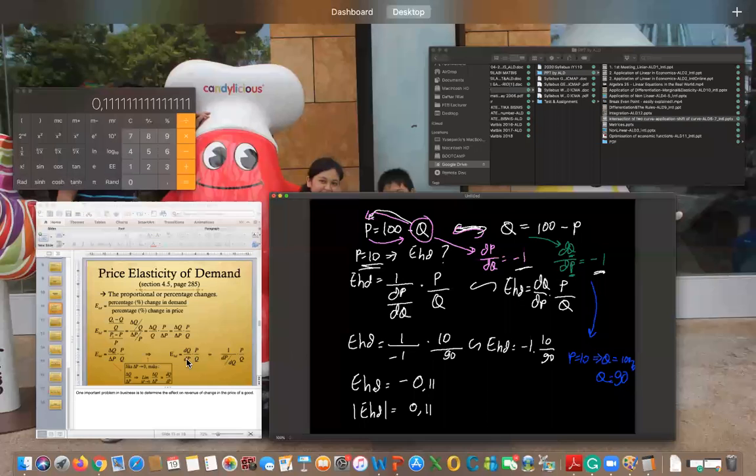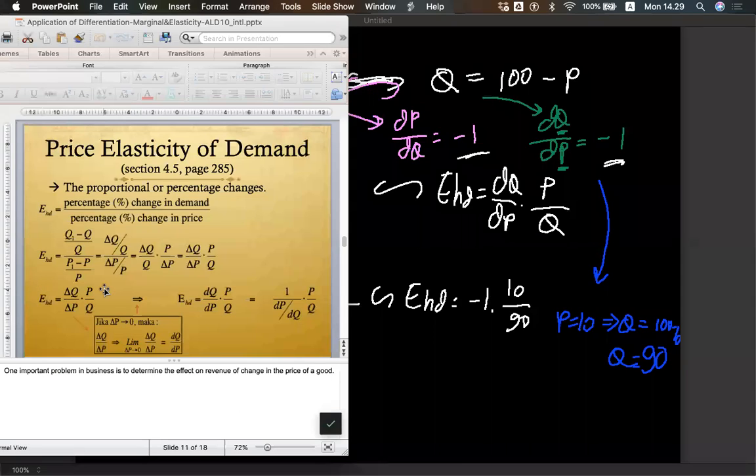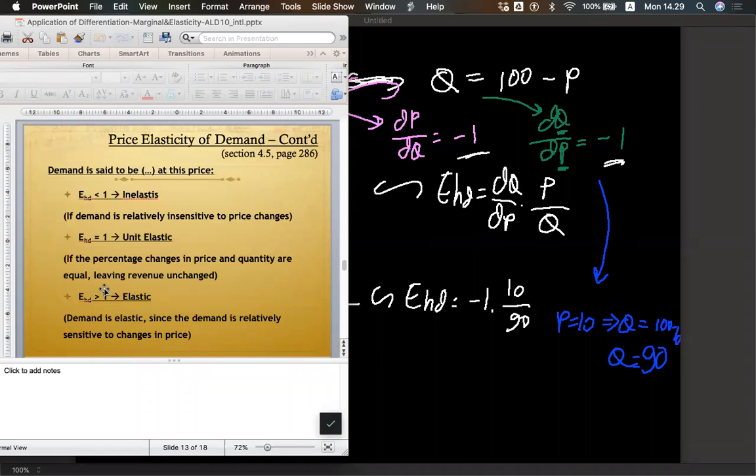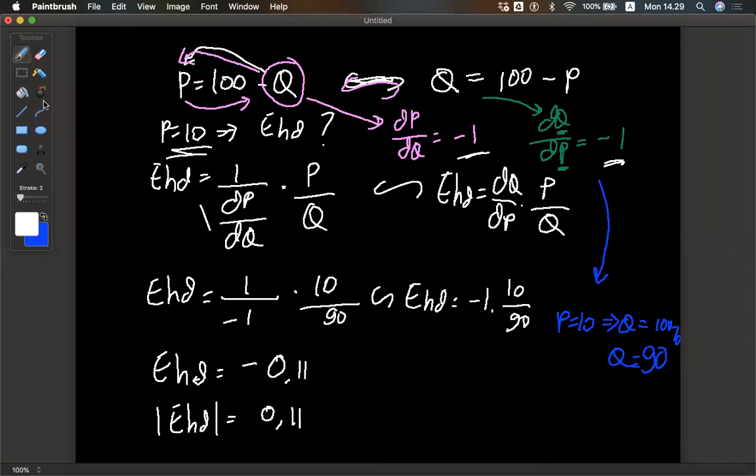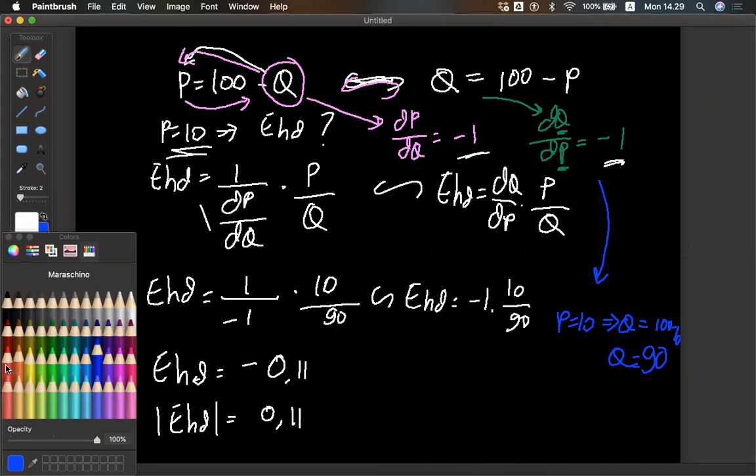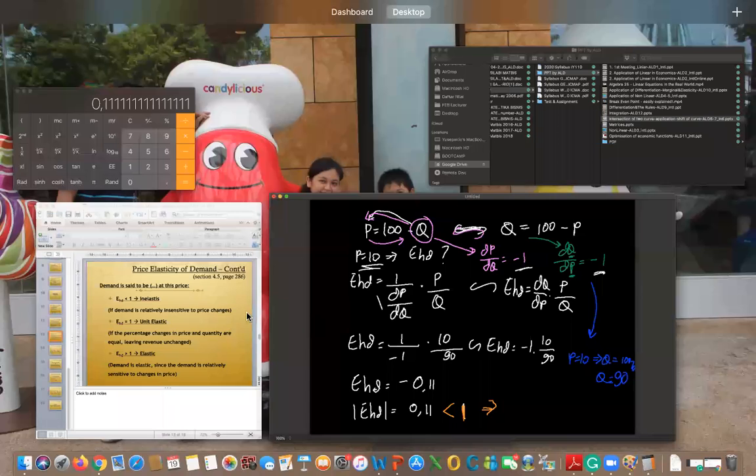Because this is 0.11, let's compare it with the rule: demand is said to be, and so on. Compare it with 1. So 0.11 is less than 1. What happens if it is less than 1?